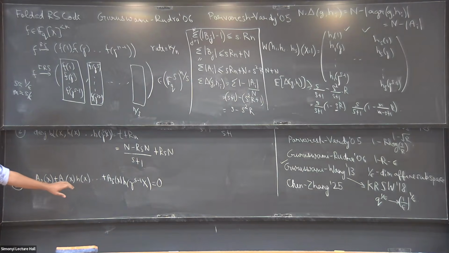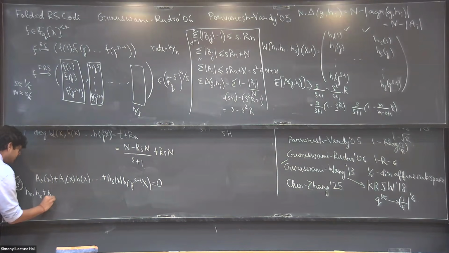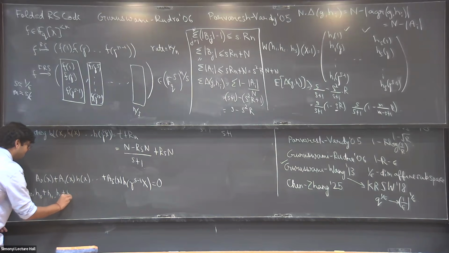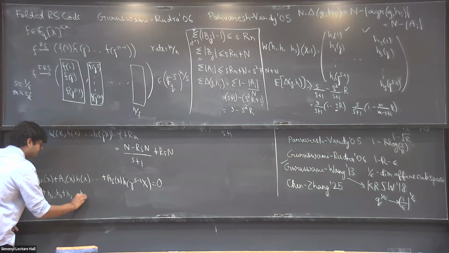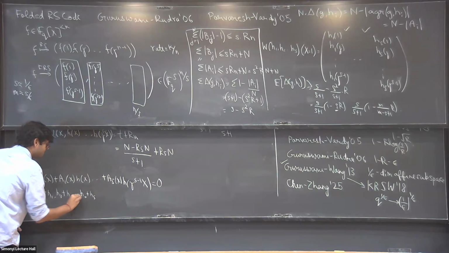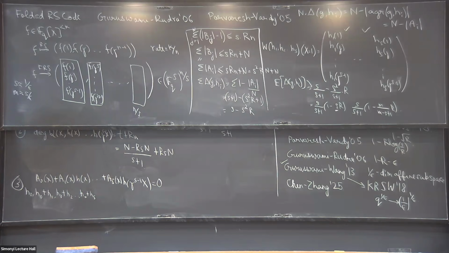right? Suppose these H's are, again, I need to deal with the affine thing, so I'll just assume the second one to be H0 plus H1. I just subtract H0 from each one. Then you take any two solutions. Let's say there were S such solutions.